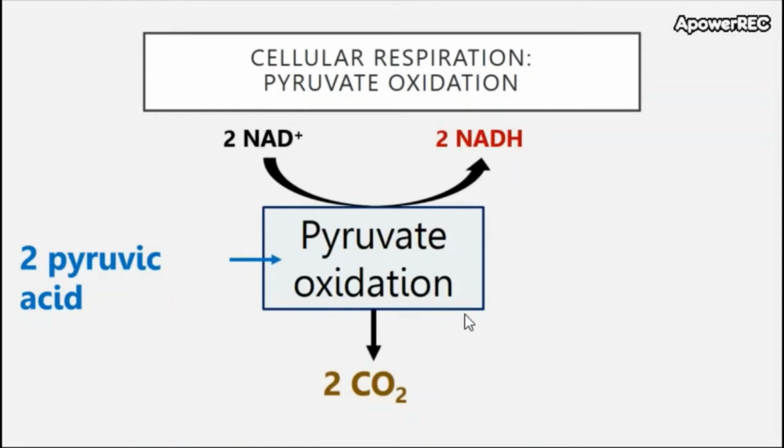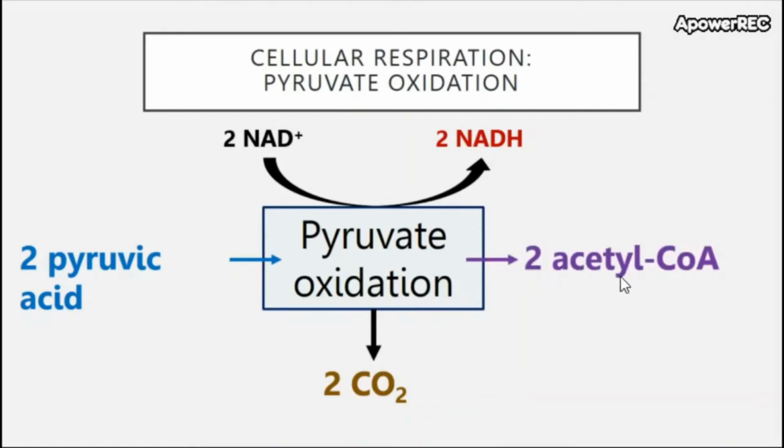Remember, the term oxidation means that you're increasing the amount of oxygens that are attached to it, or in some cases you're removing electrons. So here we can see that for each pyruvic acid that goes through, we create 1 carbon dioxide for a total of 2 carbon dioxides. And out comes at the other end 2 acetyl-CoAs.